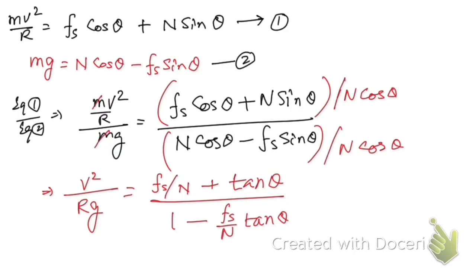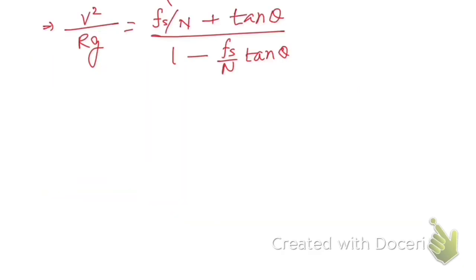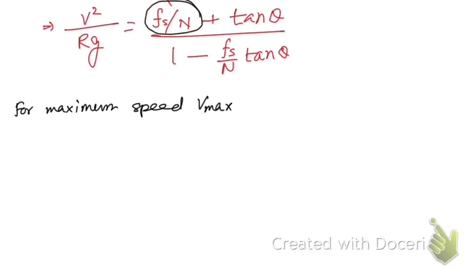So pause the video and note it, and let me copy the last step, and let me take a new slide. And you see, for maximum speed Vmax, this is going to be equal to the coefficient of static friction. So in this case, this expression will be written this way.